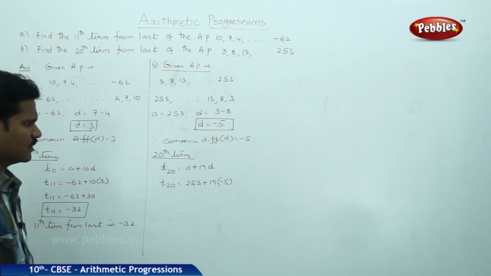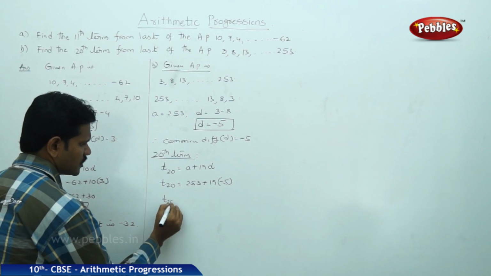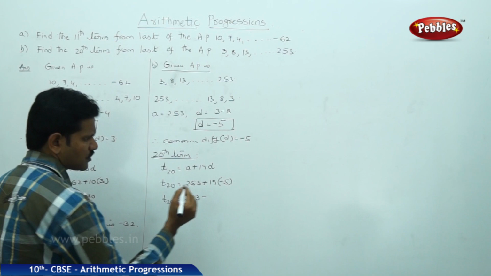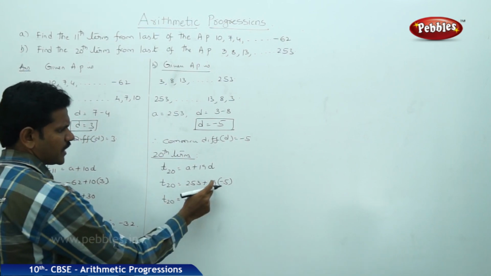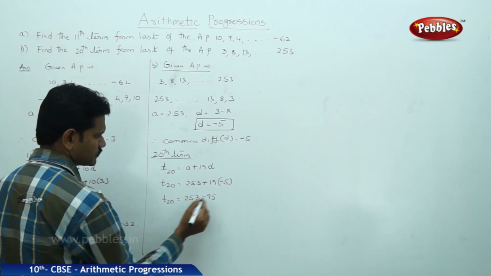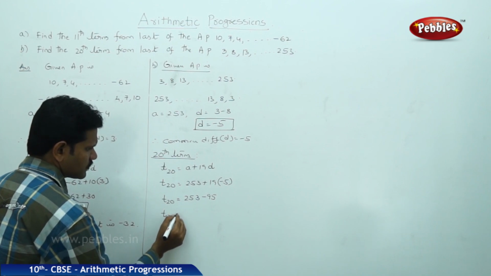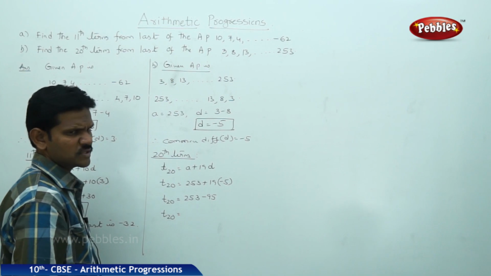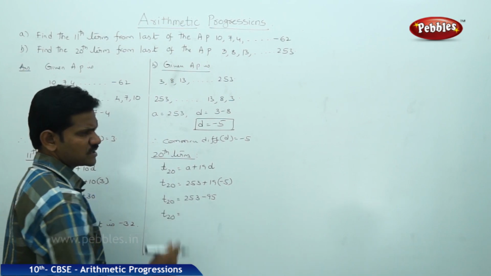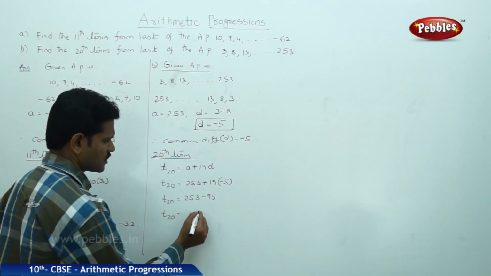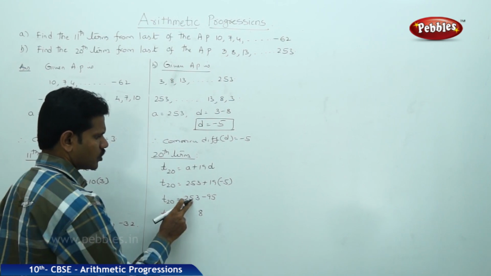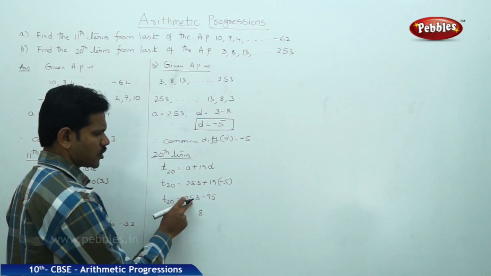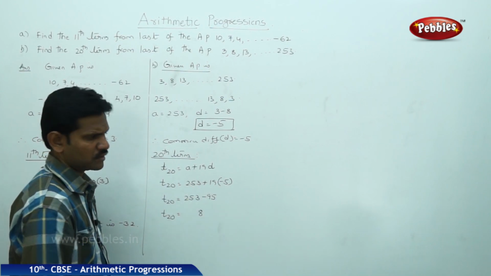That is T20 is equal to 253 plus into minus, minus 19 5s are 95. That is T20 is equal to, here 3 minus 5 is not possible. 13 minus 5, that is 8. 4 minus 9 is also not possible, then borrow. 14 minus 9, that is 5.